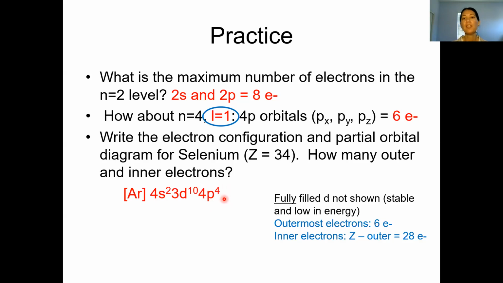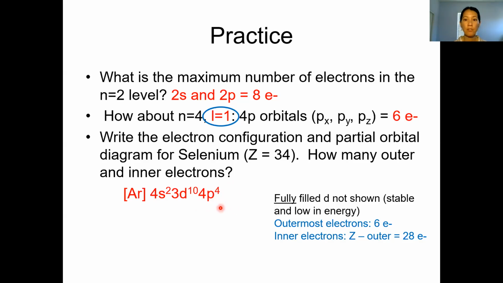So hopefully you see that all of those in the same column have the same ending electron configuration in terms of the number of outer electrons. It may be a different n level, but oxygen had a p4, sulfur will have a p4, and selenium has a p4. That's why elements in the same column have similar reactivity. They have the same number of outer or valence electrons.